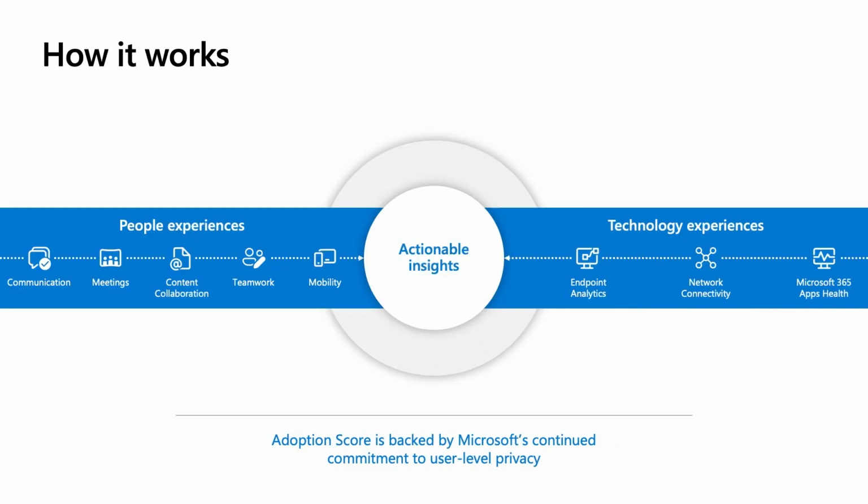To aid interpretation of Adoption Score insights, a score is given for each Microsoft 365 tenant across 8 categories, with a maximum score of 800 split between people and technology experiences. People experiences in Adoption Score helps you, the IT admin or adoption specialist, understand how your organization leverages recommended practices included in Microsoft 365 and provides guidance on how to get the most out of your Microsoft 365 subscription.